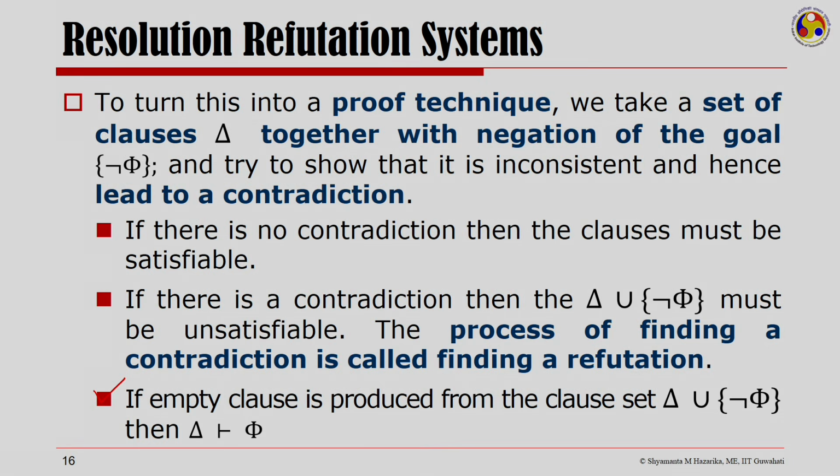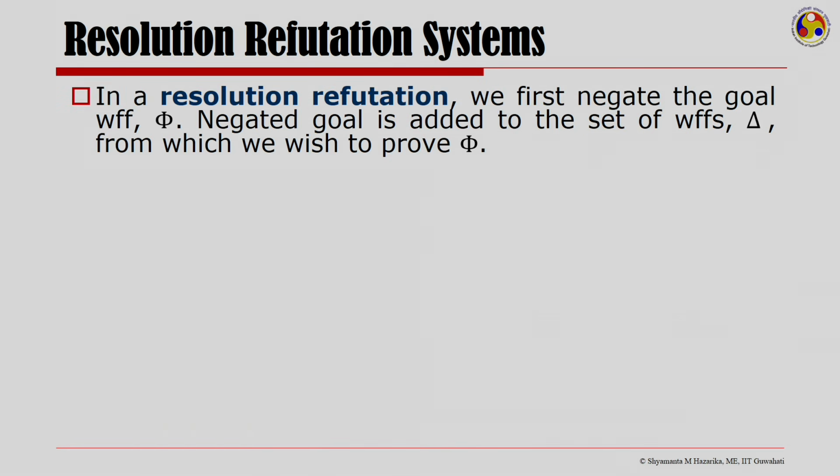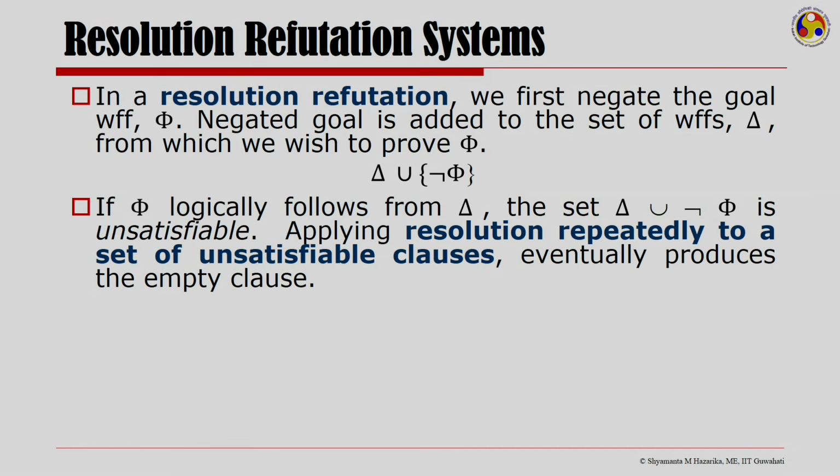Now, these types of systems are called resolution refutation systems, precisely because the process of finding a contradiction is called finding a refutation. So, in a resolution refutation, we first negate the goal. The negated goal is added to the set of clauses. So, I have delta union not phi.